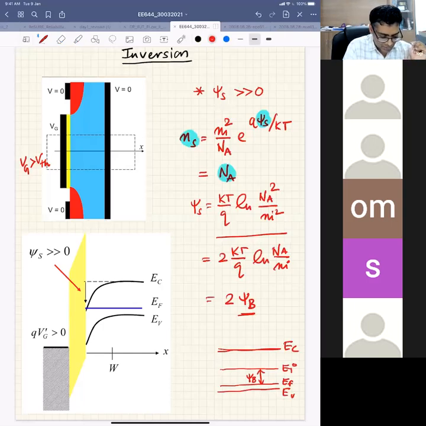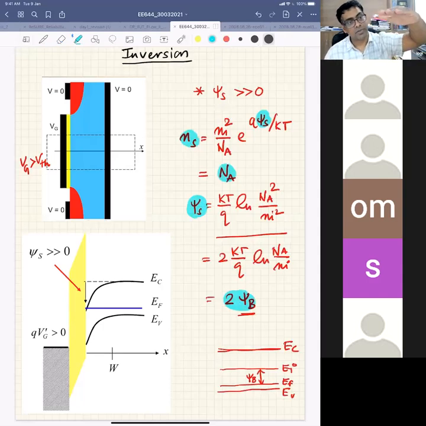But here, for the inversion to happen, your surface potential should be equal to 2 psi b. When the surface potential becomes 2 psi b, the number of electrons at the surface becomes equal to Na, and we call it the inversion condition. So what does it mean? If you look at the band diagram, I have my EI here.